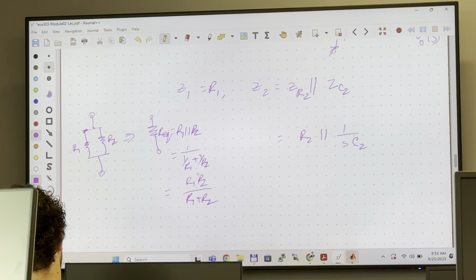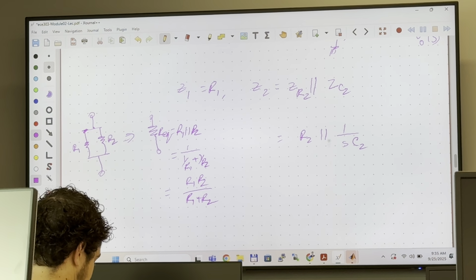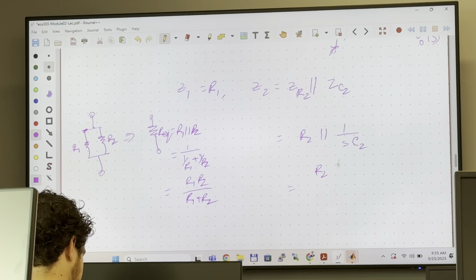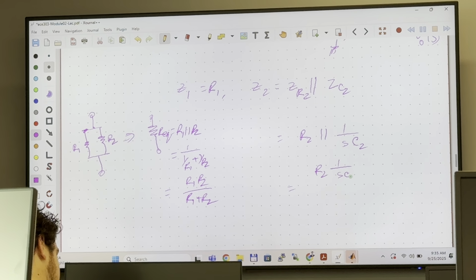I'm going to do the same thing for impedances. So here, R2 times 1 over S C2, over R2 plus 1 over S C2.